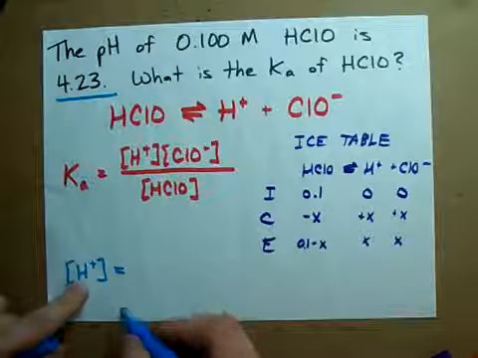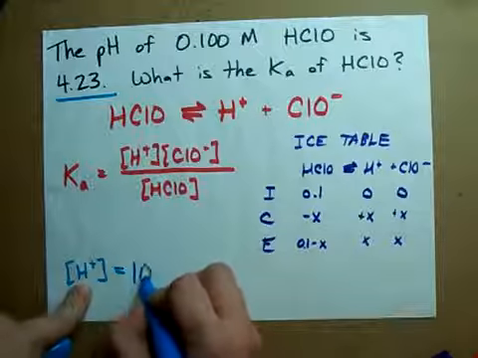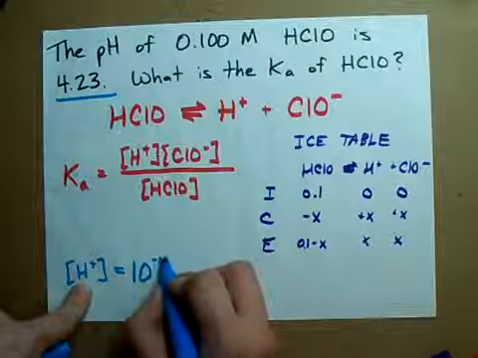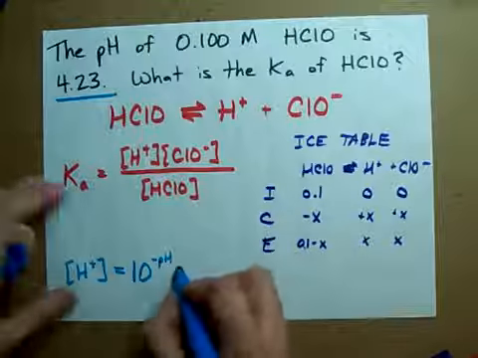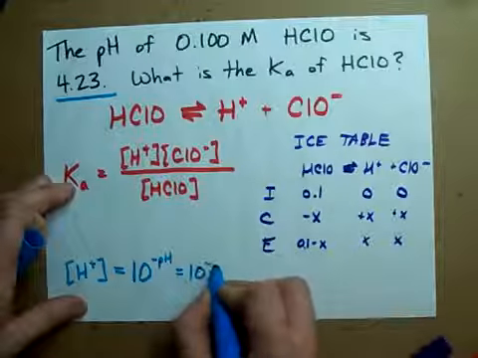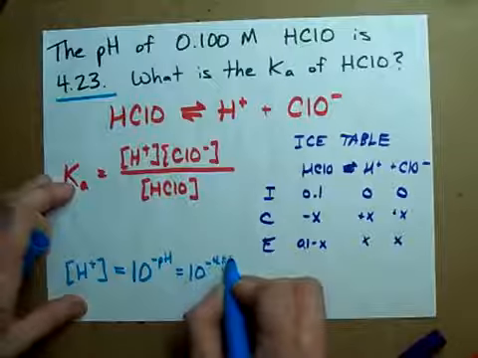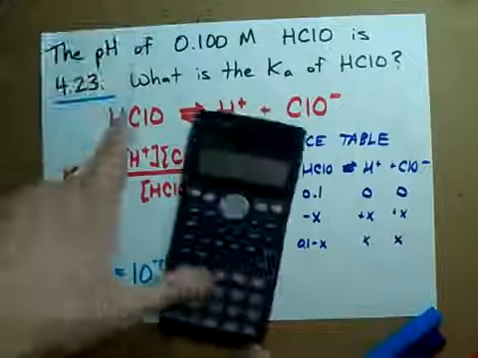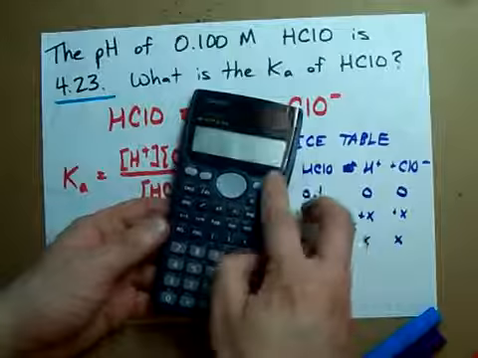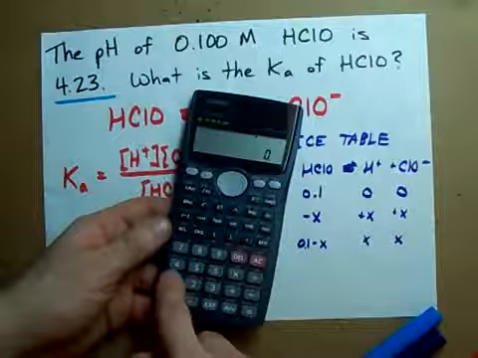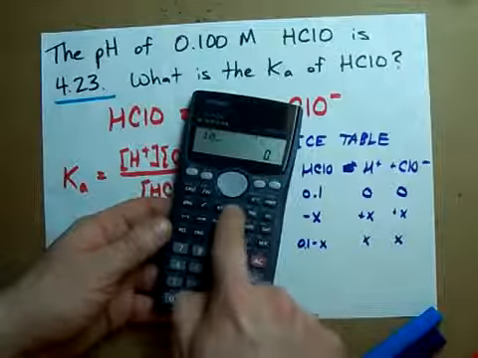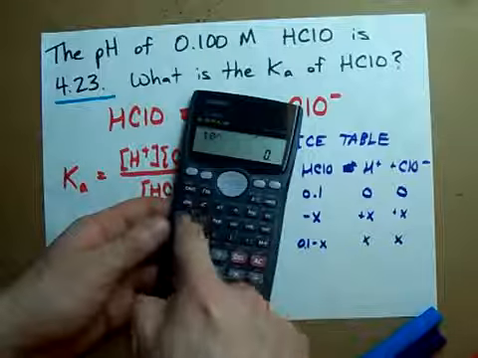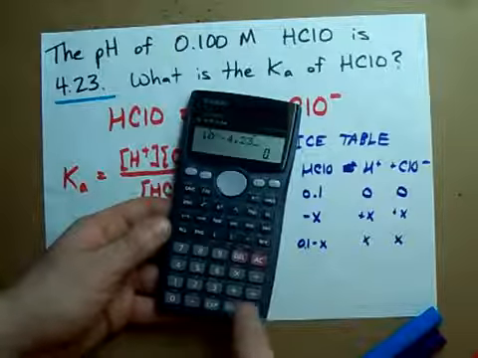The concentration of H plus is 10 to the power of negative pH. In this case, 10 to the power of negative 4.23. On my calculator, I'm going to type 10, my little to the power button, of negative 4.23.